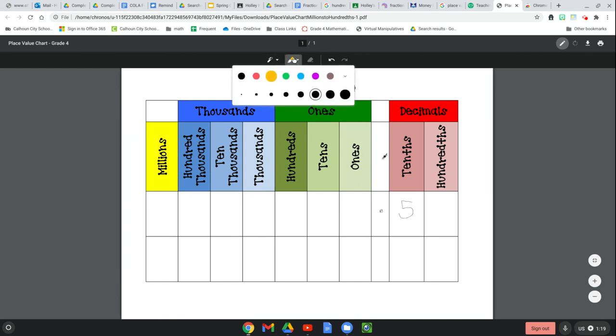I'm going to make this a little fatter. Sorry. Here we go. Oh, not as pretty as I thought it was. Okay, so I have my little dot right here, my decimal. And I wanted to make it darker, but I couldn't. So I have 5 tenths.